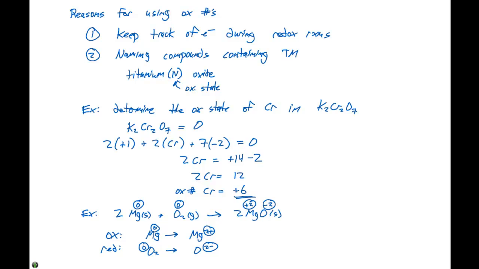So let's look at one more example where we look at a particular reaction and try to identify if a transition metal is oxidized or reduced. The reaction that we're going to investigate is (NH4)2Cr2O7.